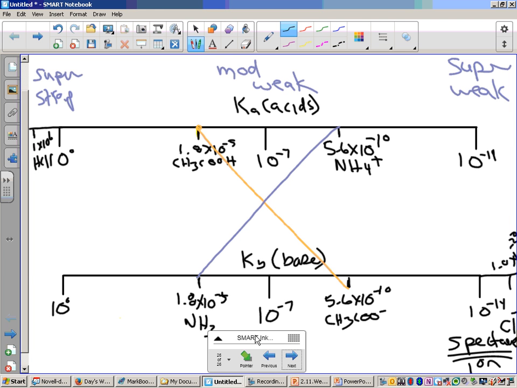Let's take a look finally at a base equivalent. Now on that table, there are no strong bases, so let's just pick one. We know NaOH is a strong base. I have no idea what the Kb value is, but let's say it's really big. Good enough. It's going to be a huge number.